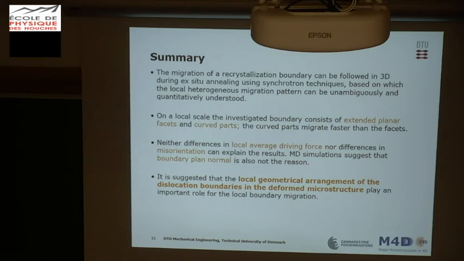So this is the conclusion, but what could be the physical reason behind it? We know that when you have dislocation boundaries, the dislocations generate a strain field around them. And a different organization clearly means a different stress field. Is there really a stress field for these recrystallization boundaries? That leads to our third story.